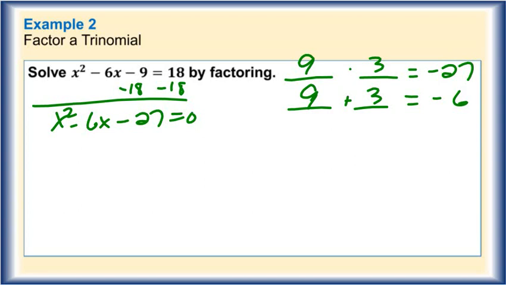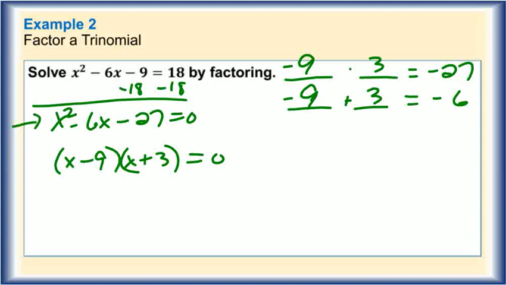So now I have to figure out which number is negative. If I do -9 plus 3, that gives me -6. That means -9 times 3 gives me -27. So I would have my two binomials, (x minus 9) and (x plus 3). That would give me this trinomial here.